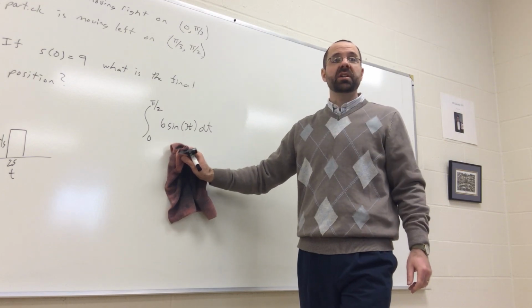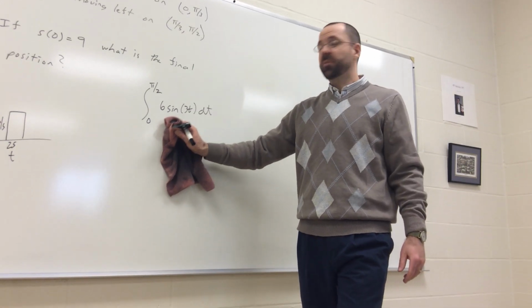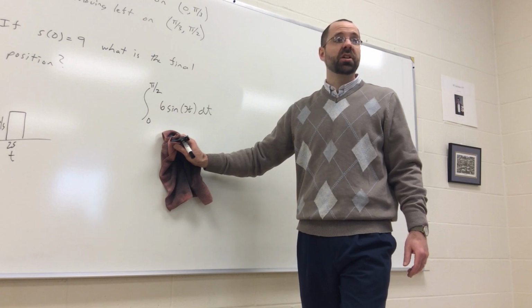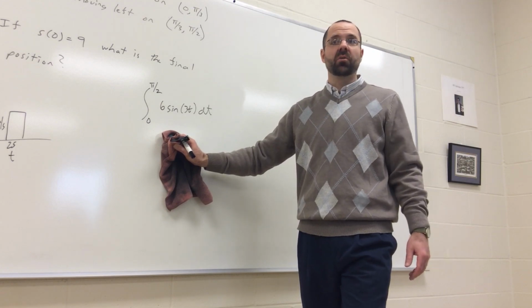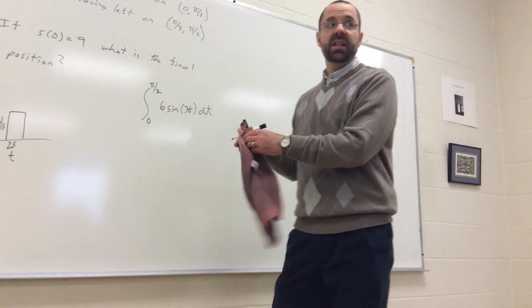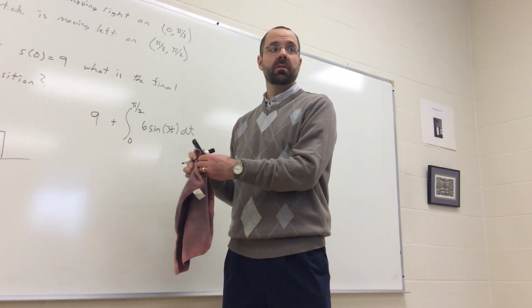But that'll just tell me, as long as the velocity is positive, how far I went, right? But I don't want to know how far I went. I want to know where I was. So I need to add in my starting position.